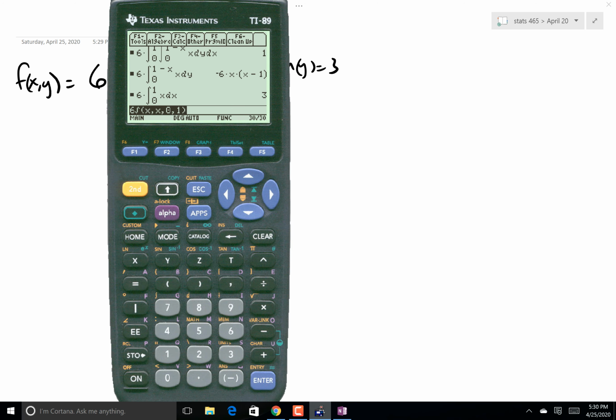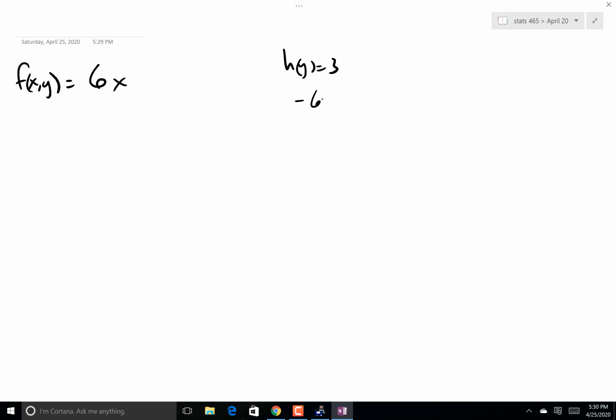And our marginal of x is negative 6x, x minus 1. So when I'm looking for the probability that x is greater than 0.3, given that y equals 0.5.